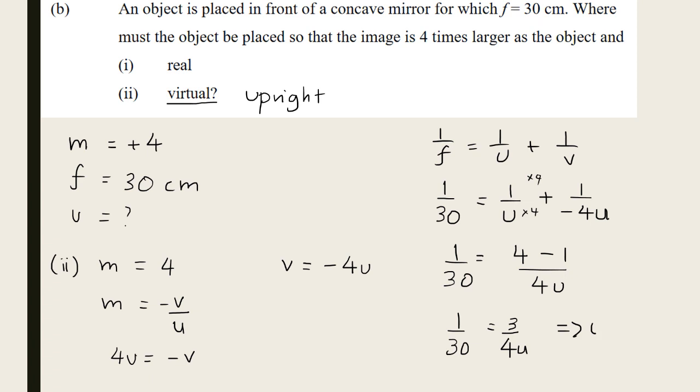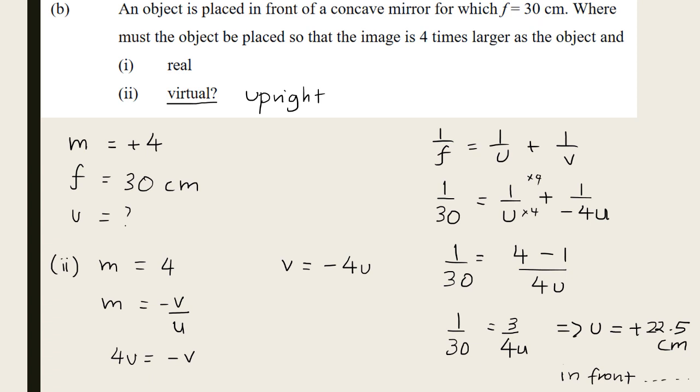And in the end, u is equal to positive 22.5 cm. Okay, the answer is also positive. Hence, the object must be also placed 22.5 cm in front of the mirror.